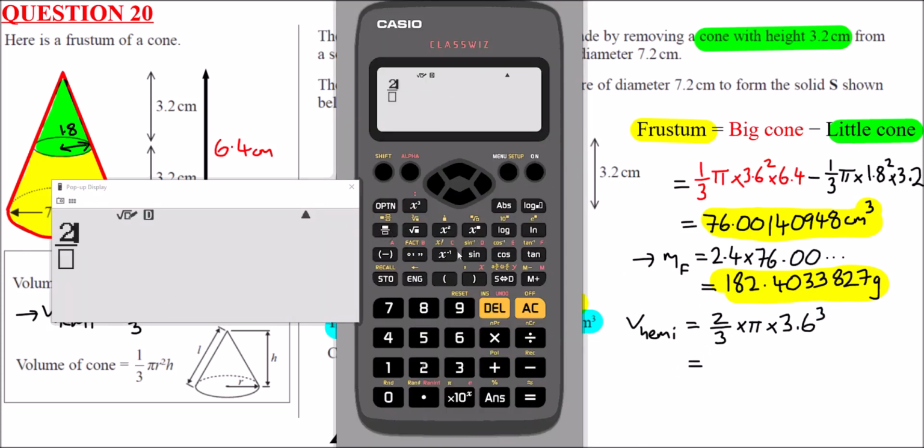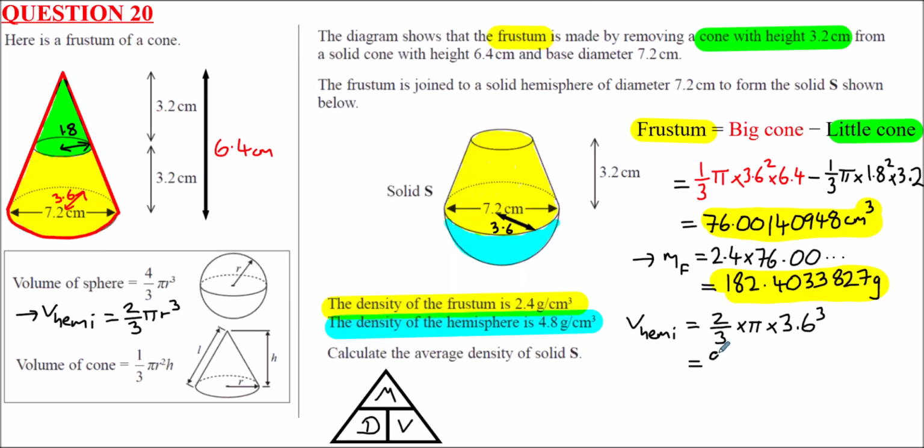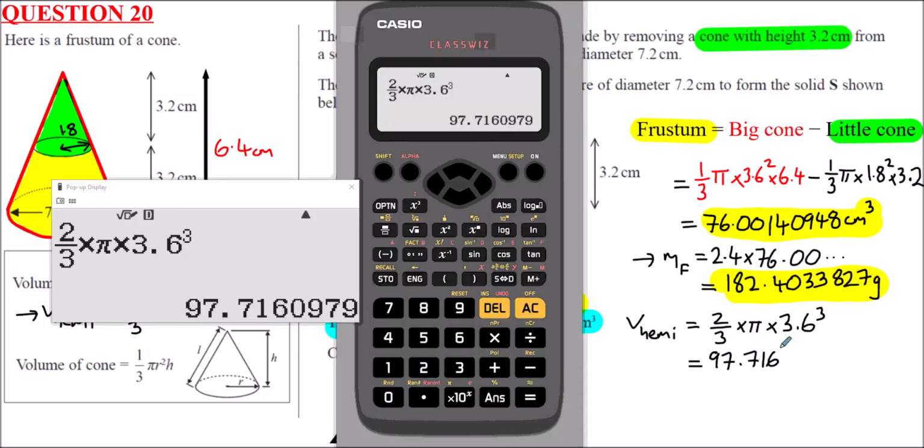So let's see what this gives us. So 2/3 multiplied by pi times 3.6 cubed. That gives us 97.716, 0979.